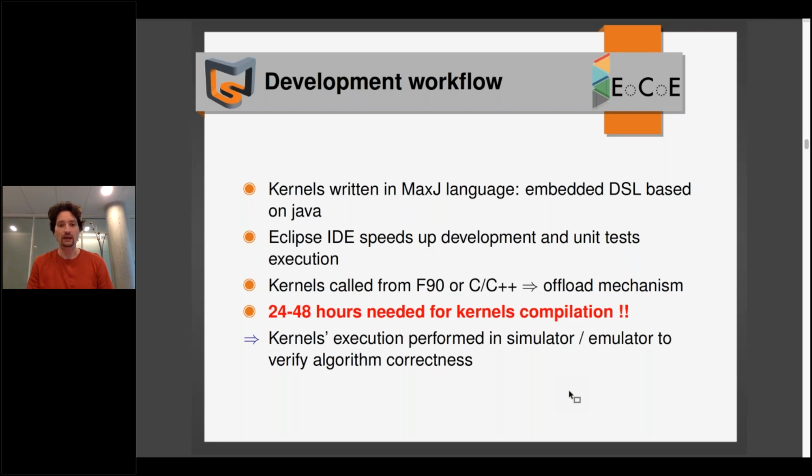That's why there is a simulator, or at least a hardware emulator, in which you can see if your algorithms are well implemented and give the correct results. That's how you develop the algorithm, and only when you are sure that it's correct do you launch the compilation, and then you execute it on the real hardware at that moment.